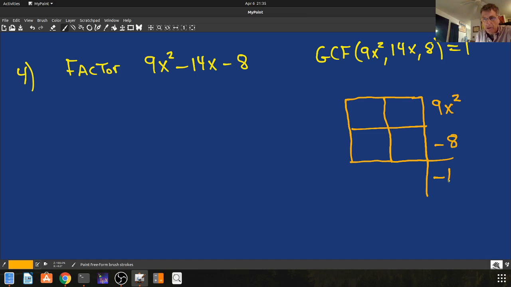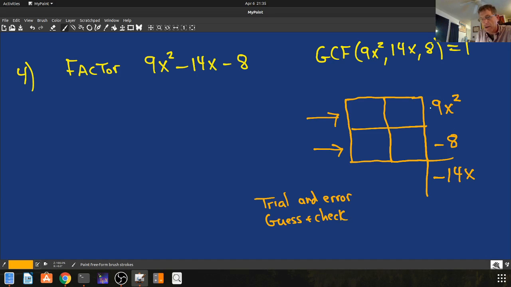And this is minus 14x. So since this is minus, let's just start here. We're going to start the multiplication this way. So remember, this is trial and error, or another way of saying it, it's a guess and check method.